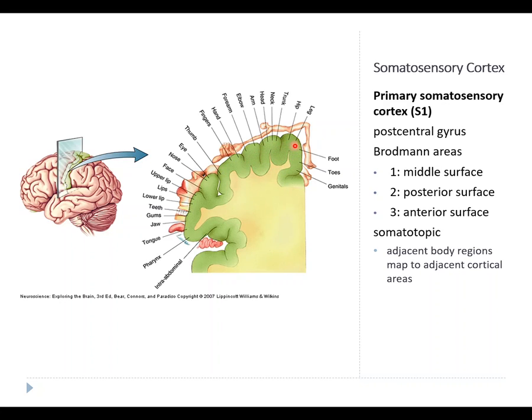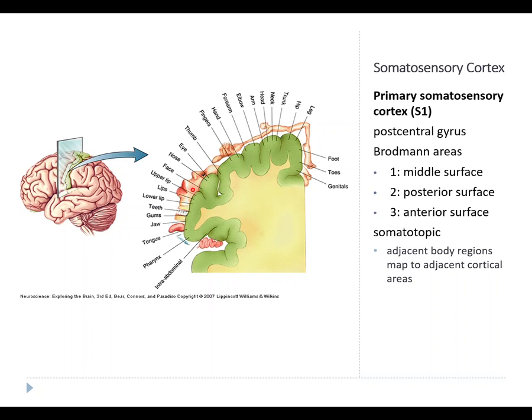So that's true for pretty much everything except for the genitals and then the face. So the face is represented mostly down here on the lateral and to some extent the inferior surface of the post-central gyrus.